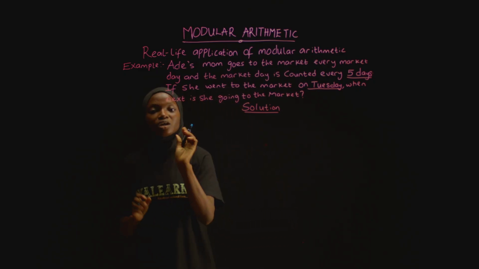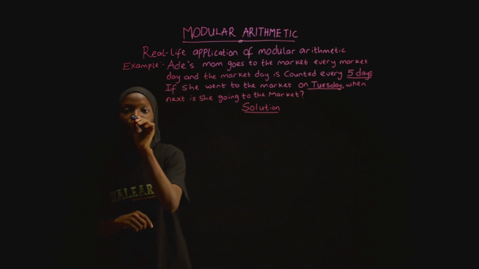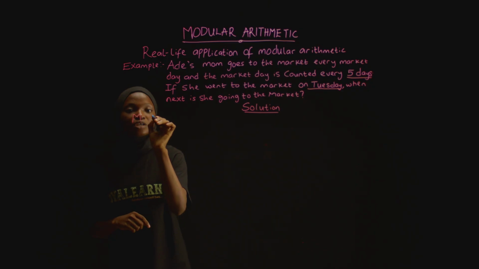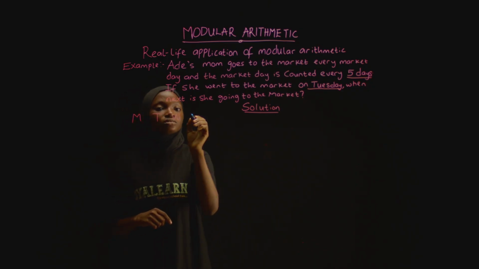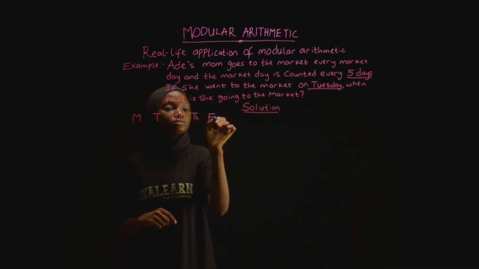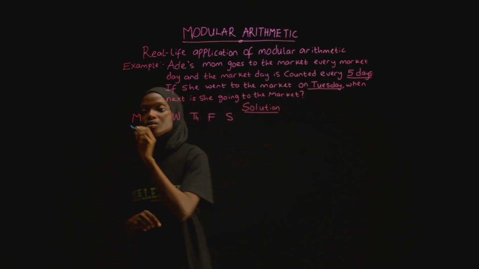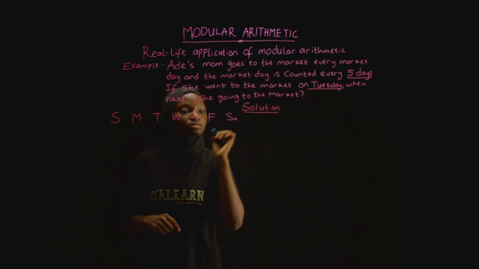Now here, you need to list out the days of the week. We have Monday representing M, Tuesday, Wednesday, Thursday, Friday, Saturday, and Sunday comes there. So let's signify this as SA.